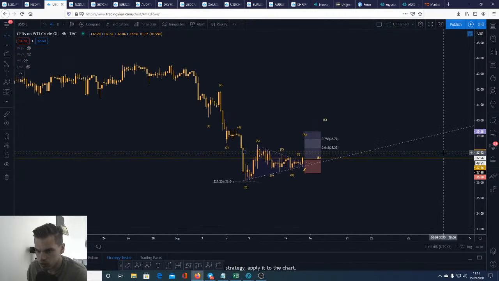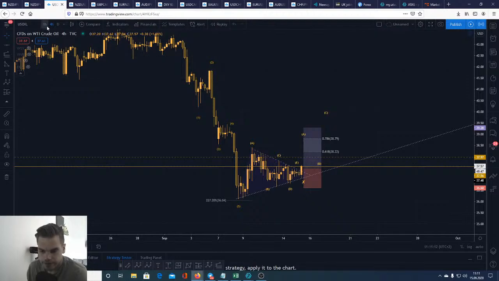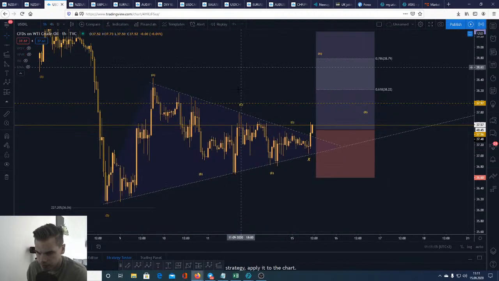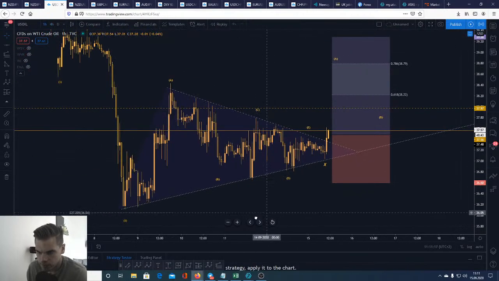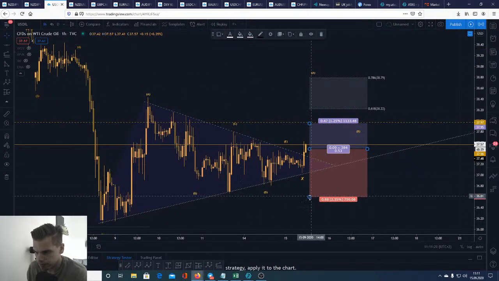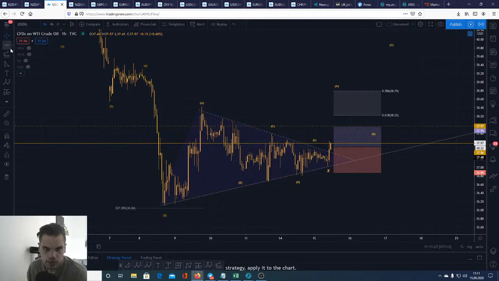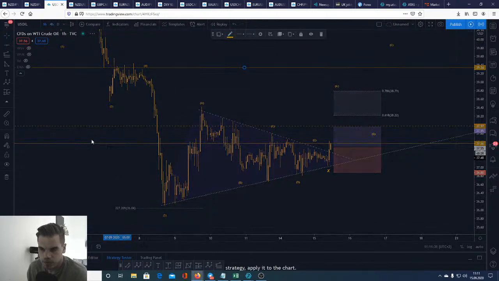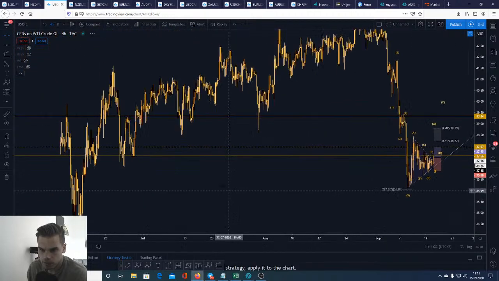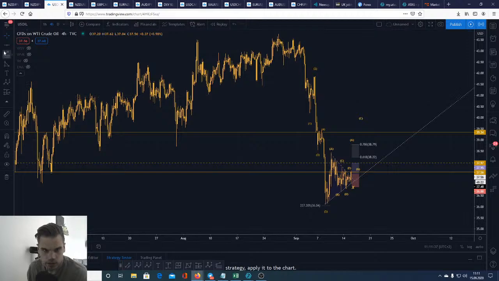Take that one as the first target. This will worsen the risk reward. Nice resistance, clean fake outs here. Nice, yeah.